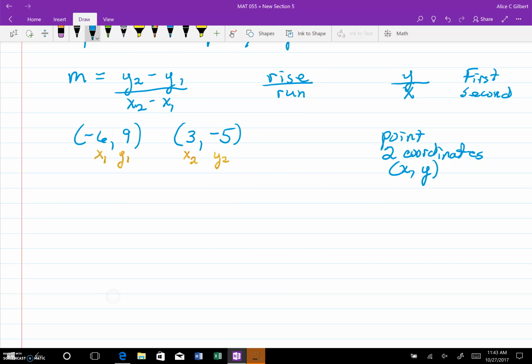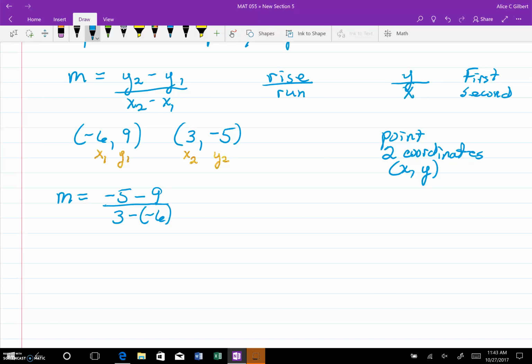So those are just designations to help us understand which coordinate to pick up. So m, and always when you're writing slope, m equals, unless it's undefined, which is for a vertical line. So m equals y sub 2, well, that's my -5, minus, and then my y sub 1 here, that's 9, over x sub 2, well, that's 3, minus 6.